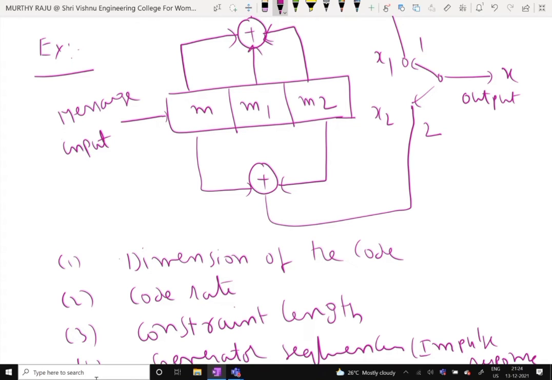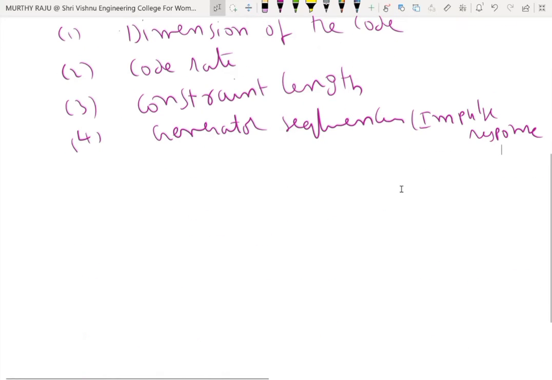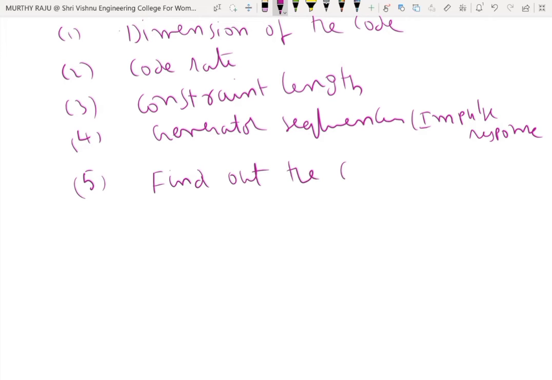Fifth one is to find out the generator matrix.